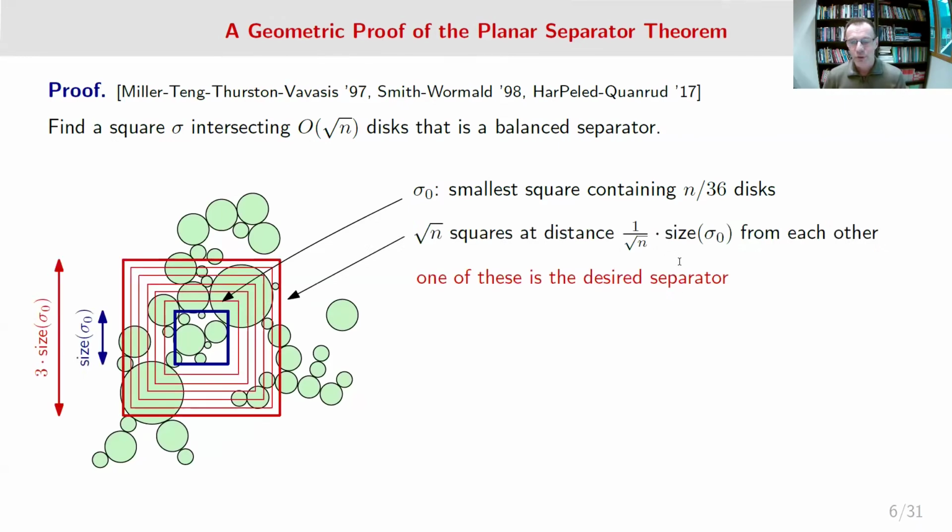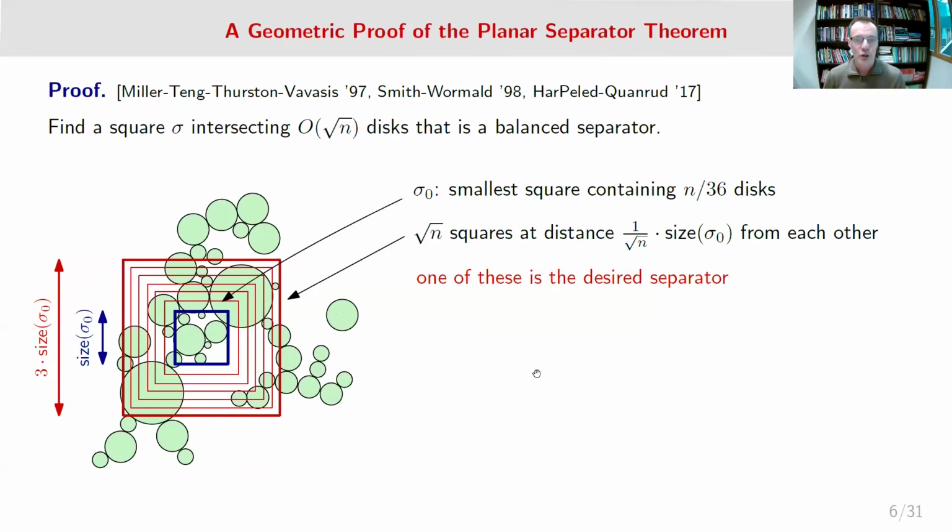Now, the idea is that if you blow up this blue square by a factor of 3, you get the outermost red square. In between, I'm going to put square root of n other squares, like the red ones you see here, at equal distance from each other.